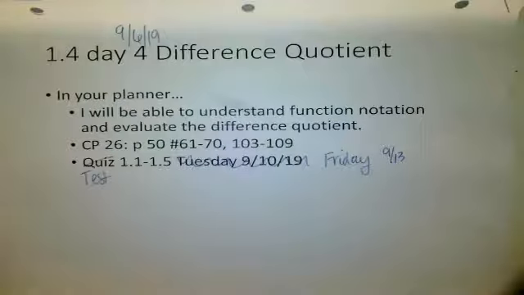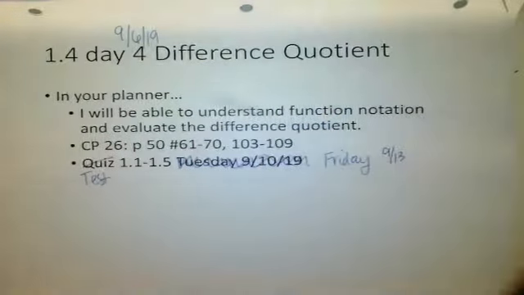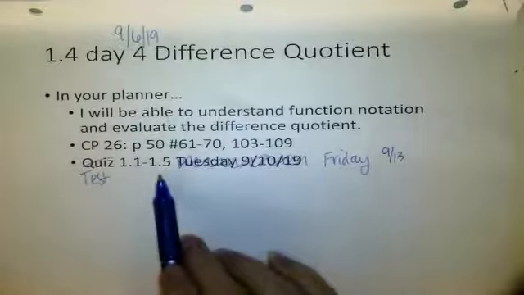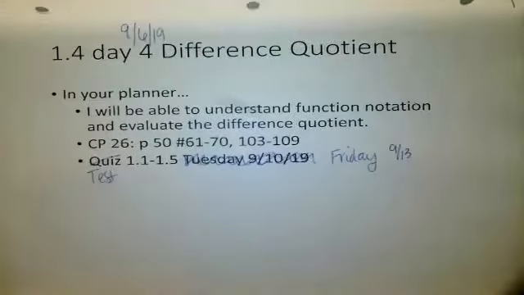Yeah. Everyone's gonna fail. Okay. All right. So, yeah, I don't know what I was thinking, but I realized when I finally looked at it, I was like, oh, right, it is through section 1.5. For some reason, I had it in my head that it was through section 1.4. So I was totally off, but at any rate, it's kind of nice because that puts it on a Friday.